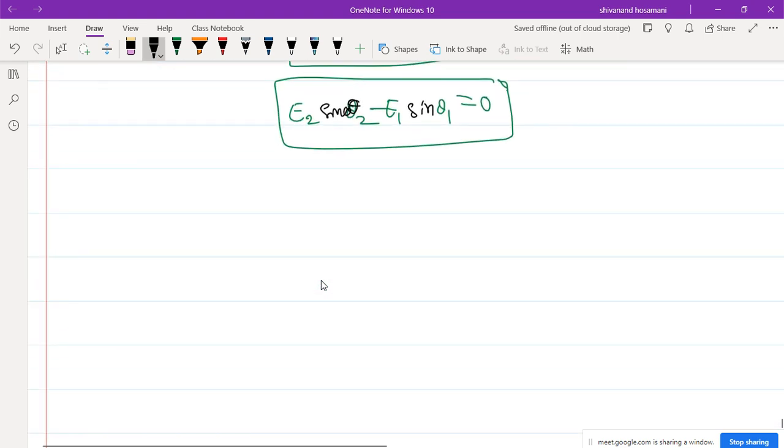Therefore, how to define the third boundary condition? The third boundary condition is defined in terms of potentials.